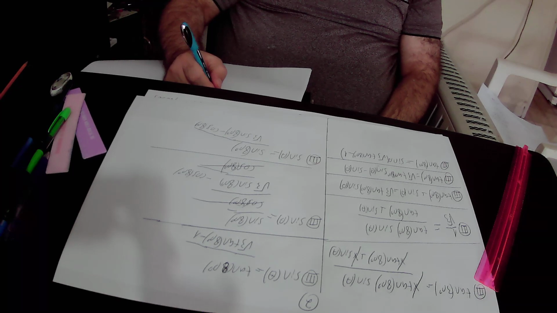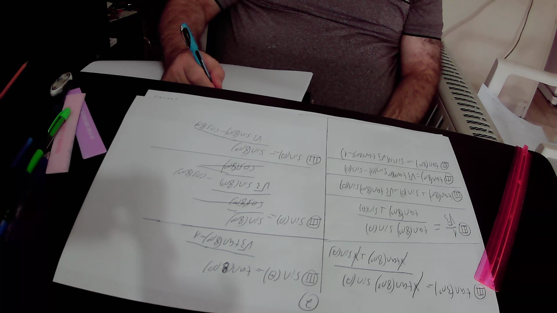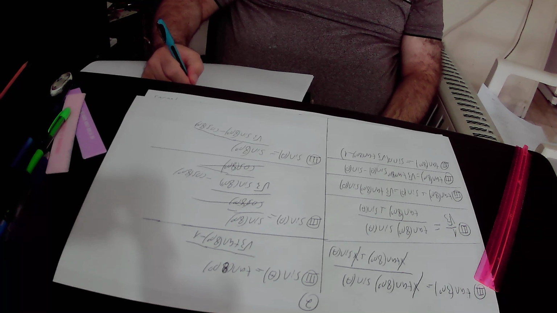So it will be 2 times sine 80 degrees over 2, square root of 3 over 2, minus cosine 80 degrees over 2.